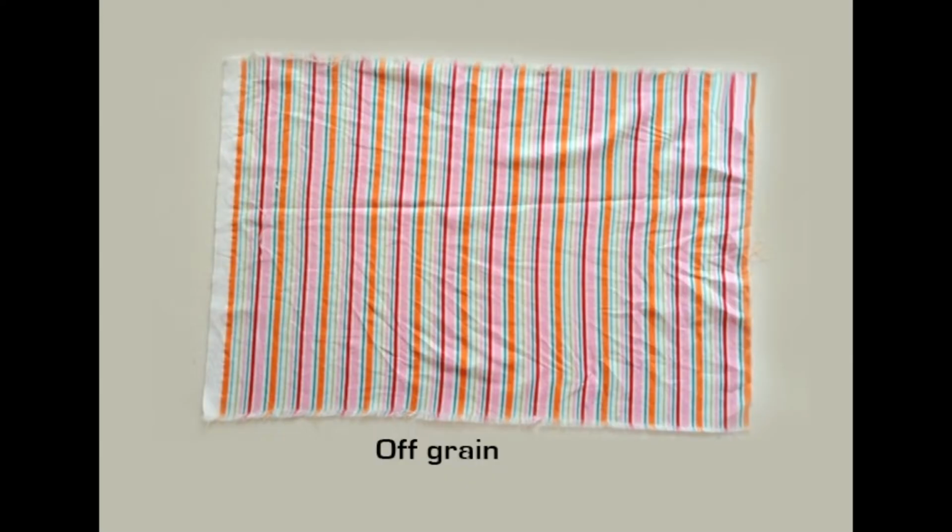So, when you find those yarns which are not at right angles to the warp yarns, then we call it off grain. So, off grain is always a problem in garments, and when you make garments using this kind of fabrics, you find that there is a distortion in every place, and you may find unwanted wrinkles here and there, and the fall will definitely be of a lower degree.